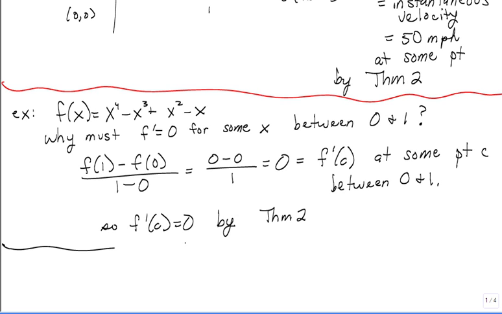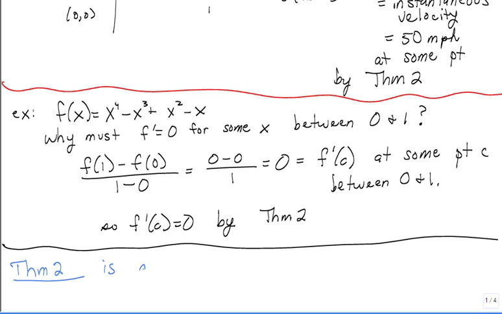Okay, now, before I go on, theorem 2 has an important name. It's called the mean value theorem. And that should make sense, because what does the word mean mean? It means average.